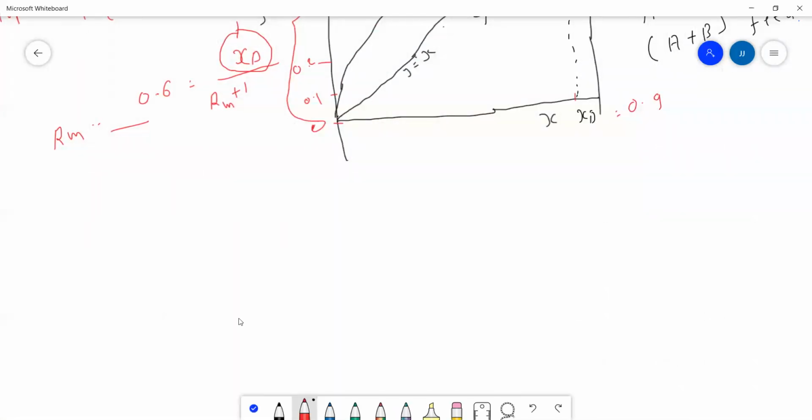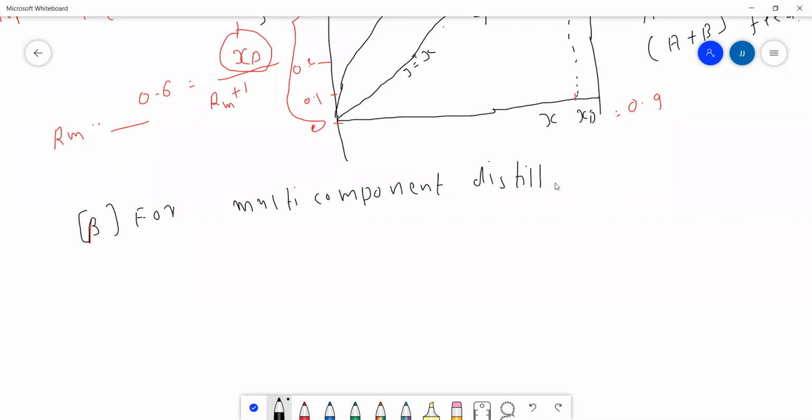B, for multi-component distillation. This can be done by using Underwood's method.